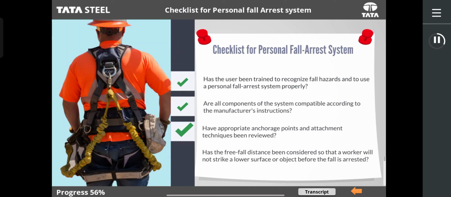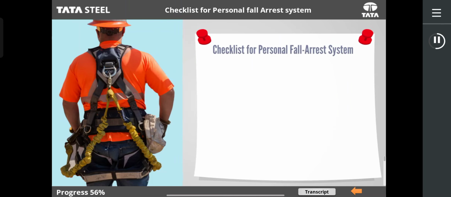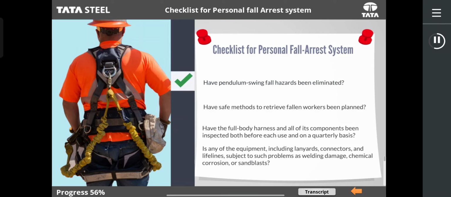Have appropriate anchorage points and attachment techniques been reviewed? Has the free fall distance been considered so that a worker will not strike a lower surface or object before the fall is arrested? Have pendulum swing fall hazards been eliminated? Have safe methods to retrieve fallen workers been planned?